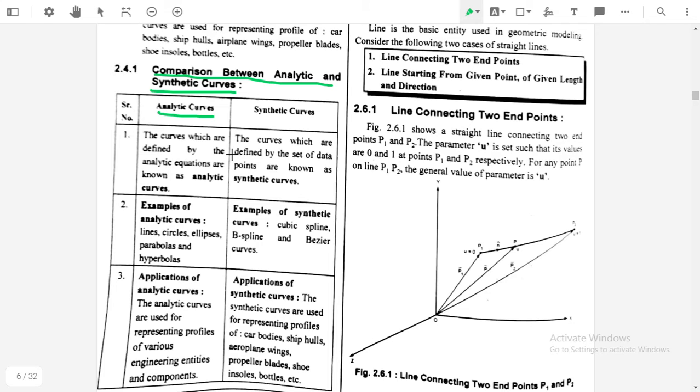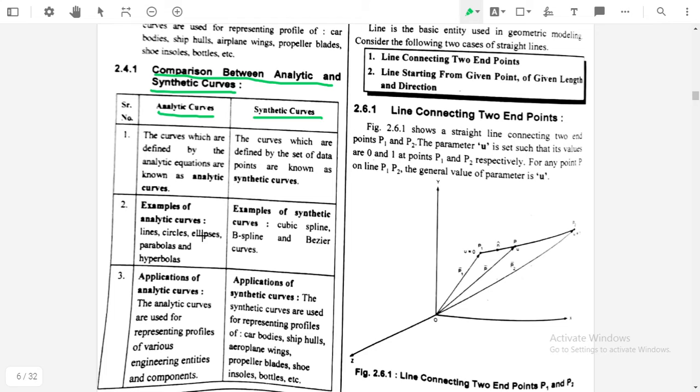The synthetic curve is the curve which is not represented by an equation, but is defined by the given data points or a set of data points.